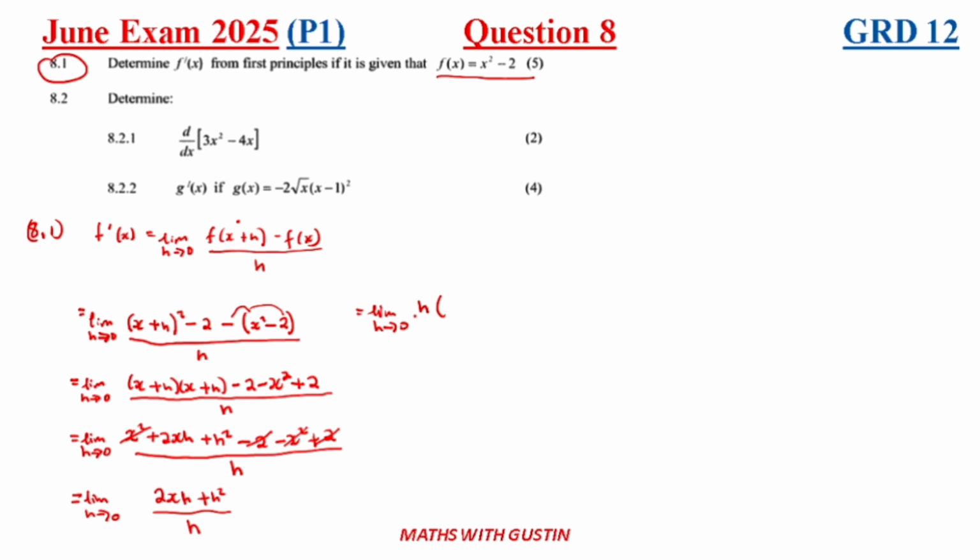When you remove h, we're left with 2x plus h, all in brackets, divided by h. The h from the bottom cancels the h at the numerator, therefore you are left with 2x, as h approaches 0. So our answer, f prime of x, will be equal to 2x.